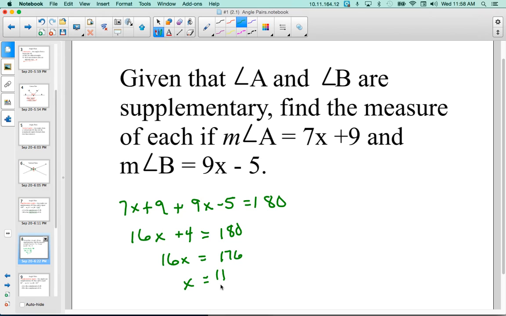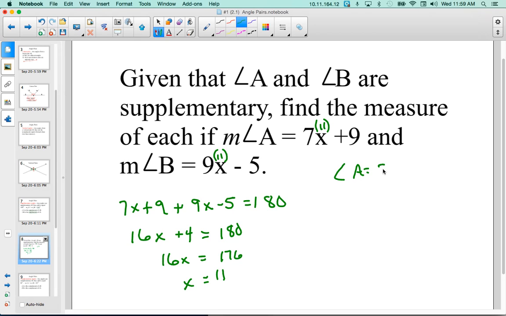Now it says find the measure of each angle. It doesn't say find x. We need x because now we can go back up and plug in 11 for x in both cases. 7 times 11 is 77, and 77 plus 9 is 86.